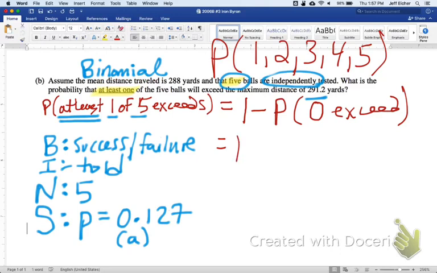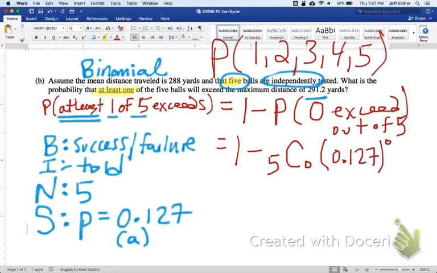So to calculate this, we'd have 1 minus the probability of 0 exceed out of 5. That would be 5 choose 0, you're choosing 0 to exceed. The probability that it exceeds is 0.127 to the 0, and the probability that it doesn't exceed is the complement of 0.127, which is 0.873, I believe, to the 5.